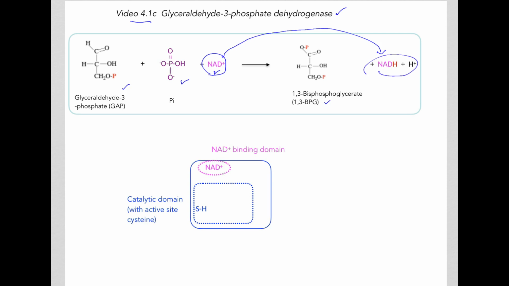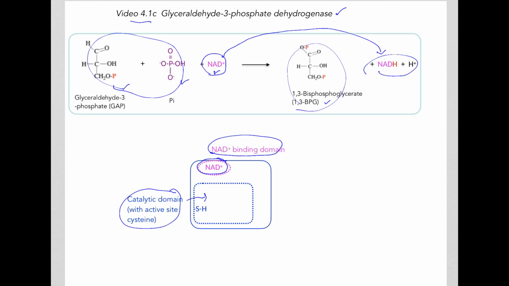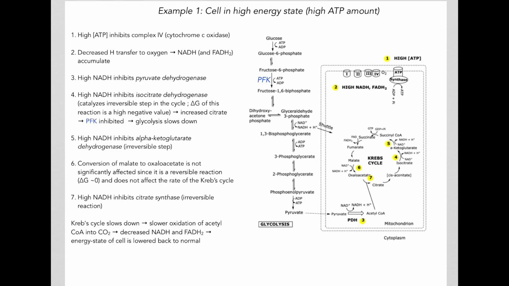So these kinds of enzymes, they will have a domain, a part of the enzyme that will bind the coenzyme, in this case NAD, and then they will have the catalytic domain, the active site that will catalyze the reaction, in this case the reaction between phosphate and glycerol 3-phosphate to give you 1,3-bisphosphoglycerate.